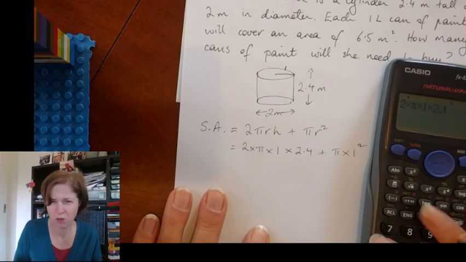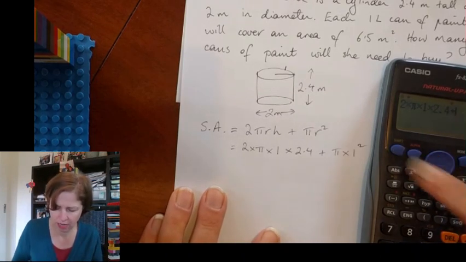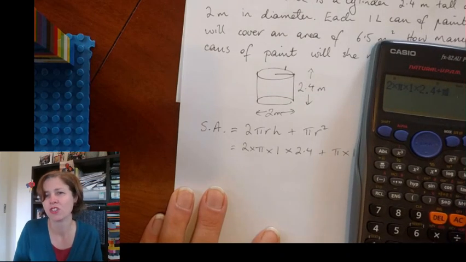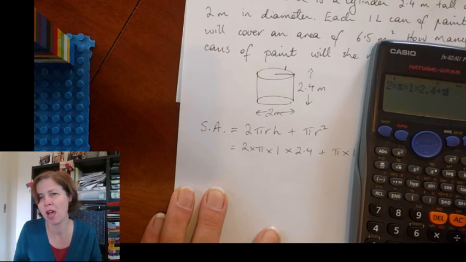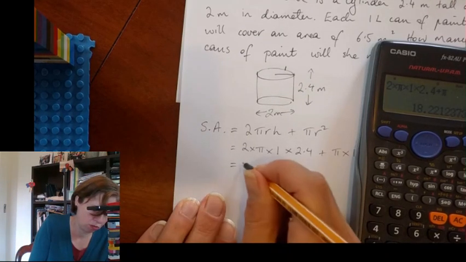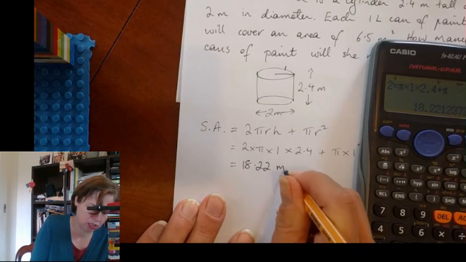I didn't really need to do the times 1, did I? Plus pi times 1 squared. So check that it looks the same. 2 pi 1 2.4, yes, plus pi equals 18.22. Now, that's meters and meters, so this is in meters squared.